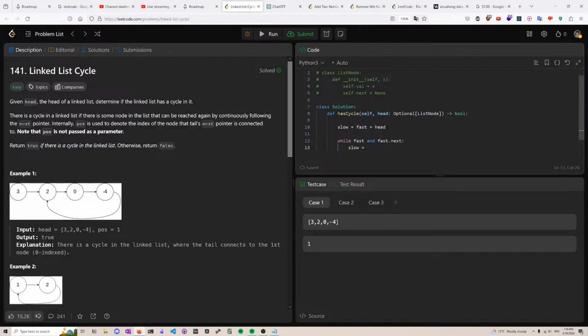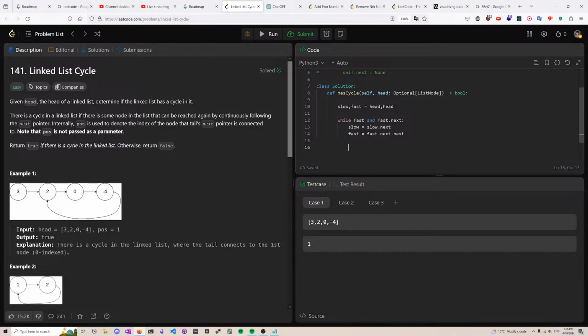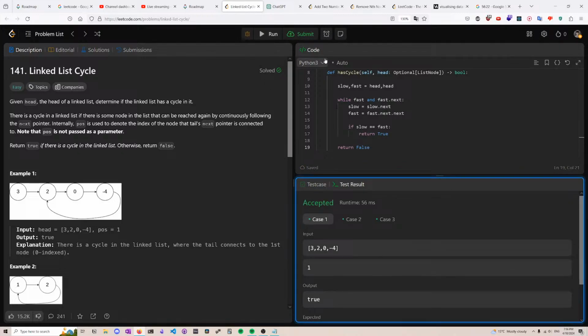So it is different. So let me fix this. Nice.